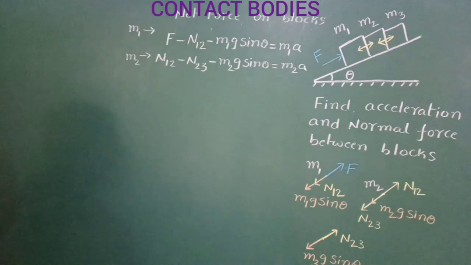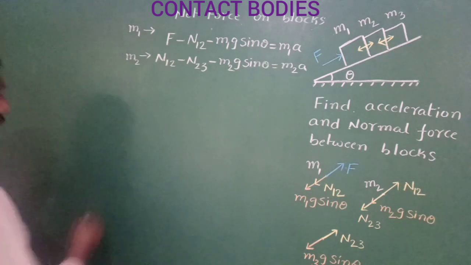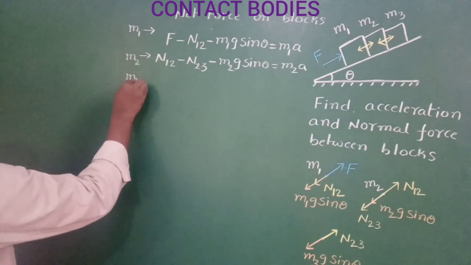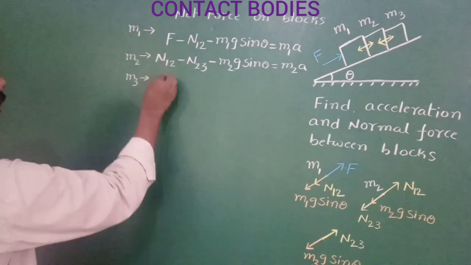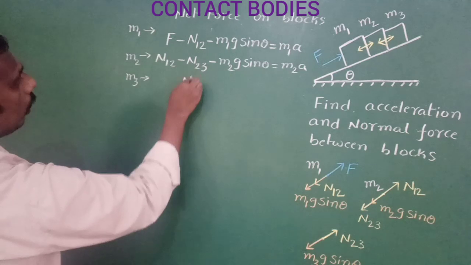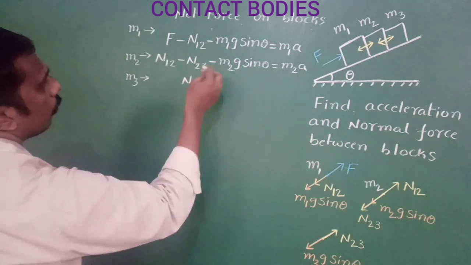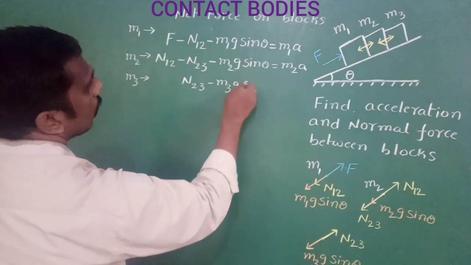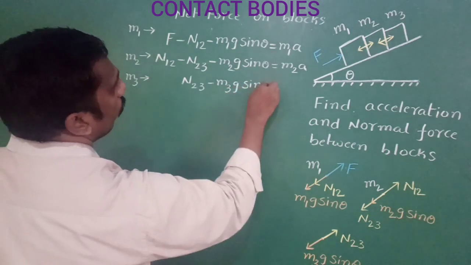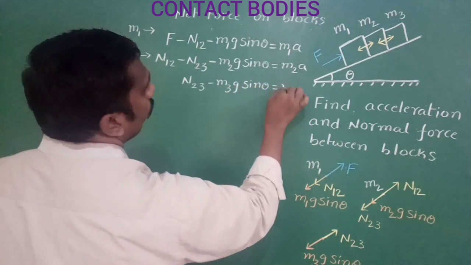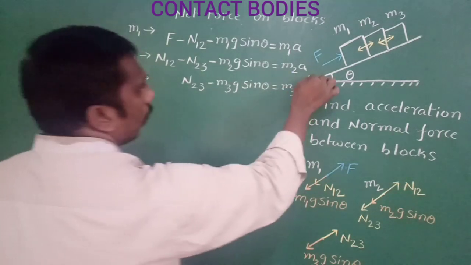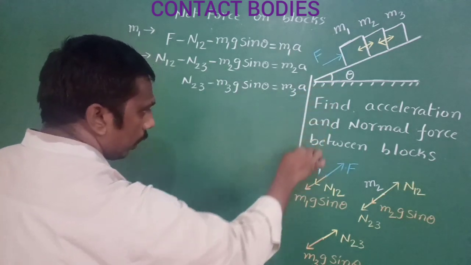Write the net force on the block m3. On this, n23 minus m3 g sin theta is equal to m3 into a. This is the net force.